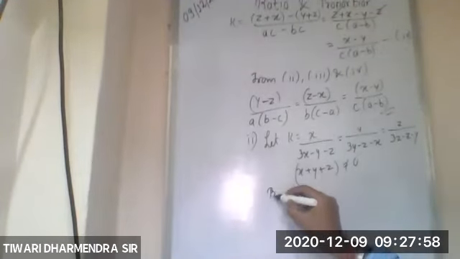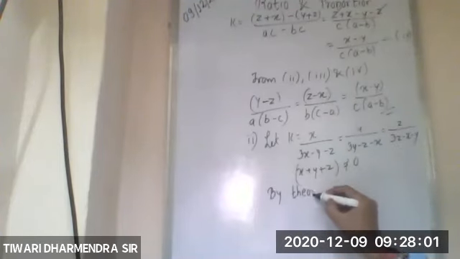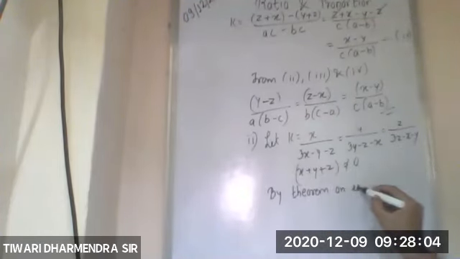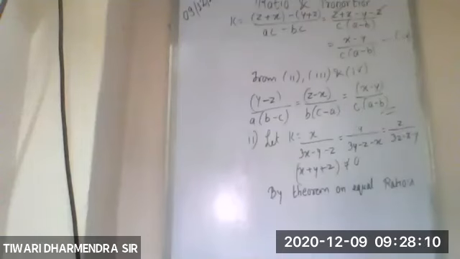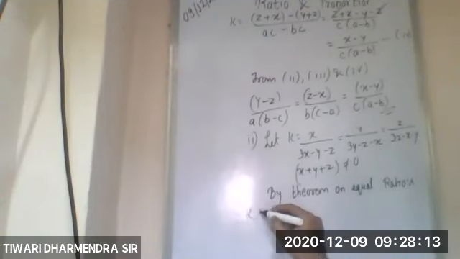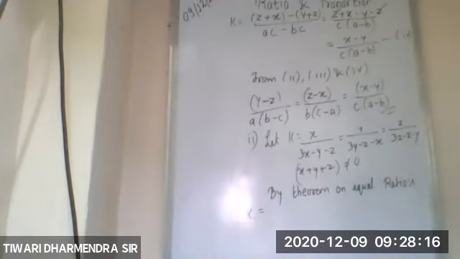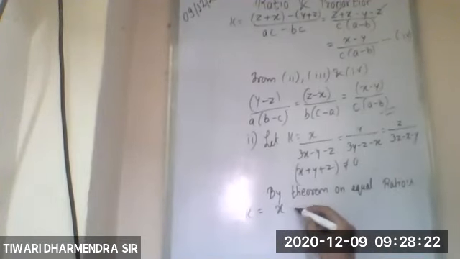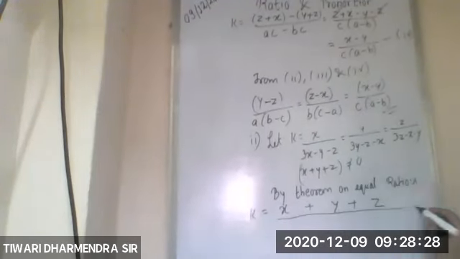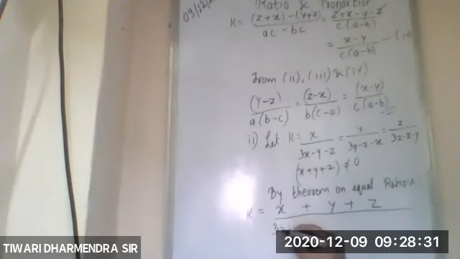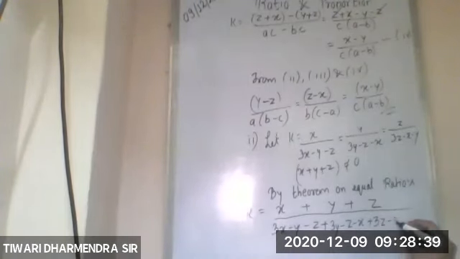So by the theorem on equal ratios, k is equal to, just add all of them, x plus y plus z over 3x minus y minus z plus 3y minus z minus x plus 3z minus x minus y.